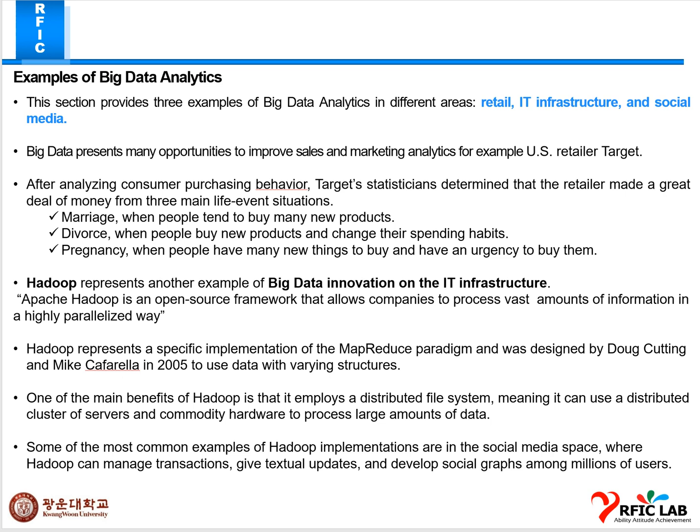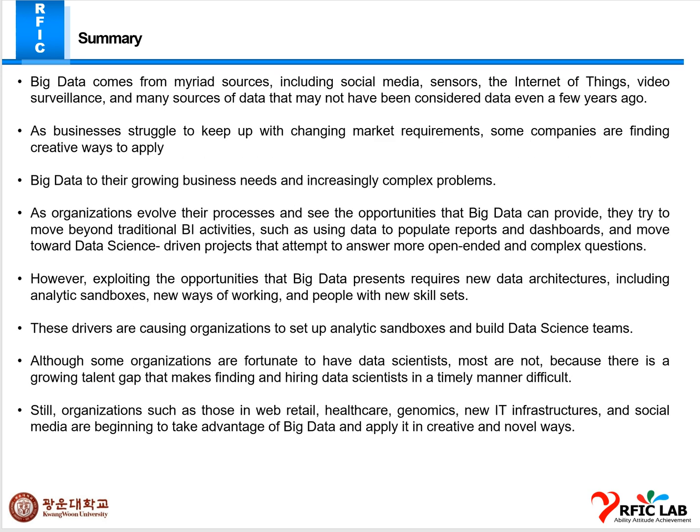The most common example of Hadoop implementation is the social media space, where Hadoop can manage transactions, give textual updates, and develop a social graph. Instagram also has these features, among millions of users.